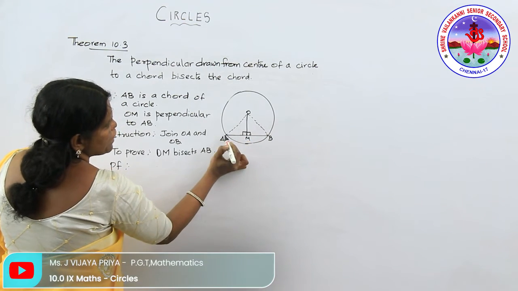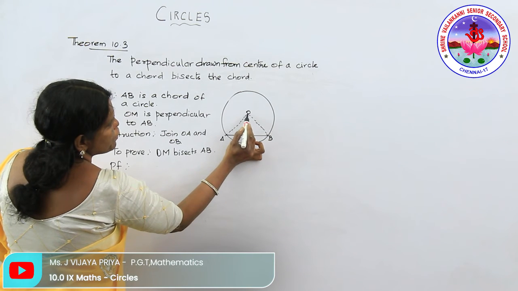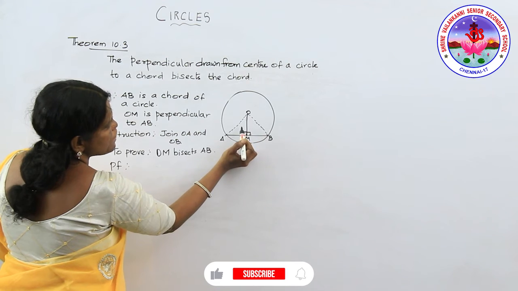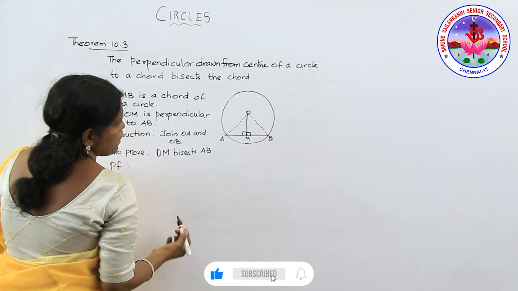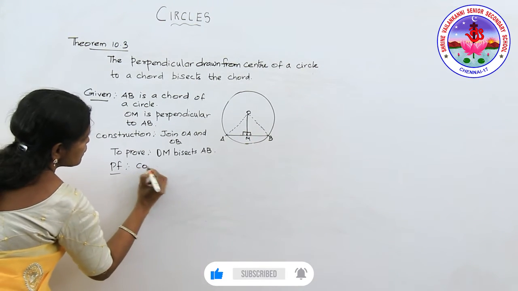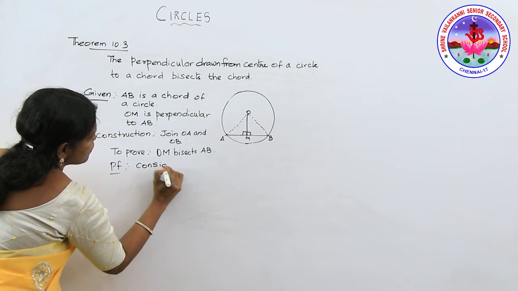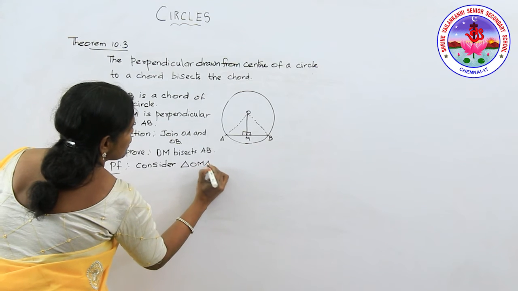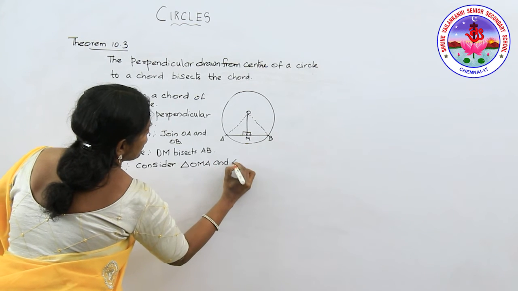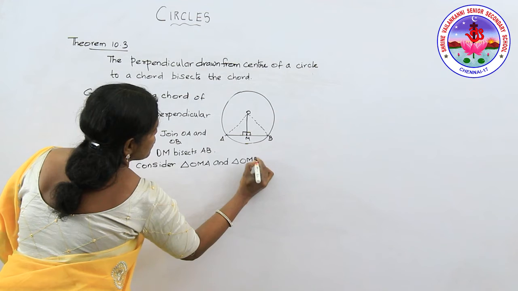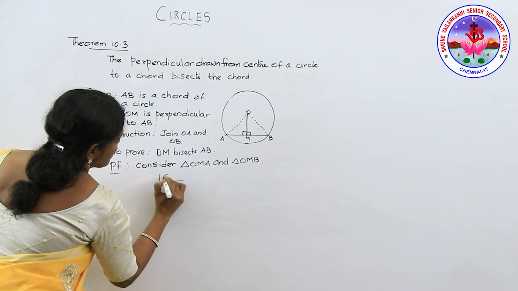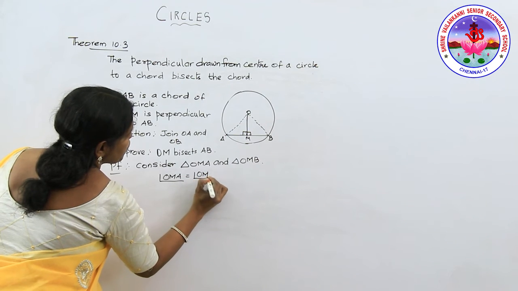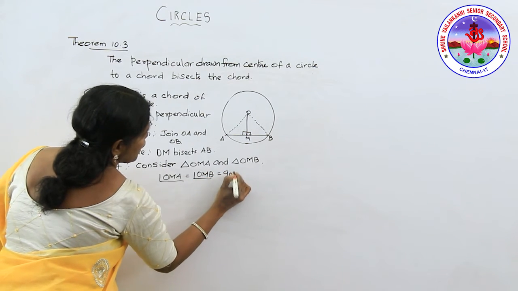So angle OMA is a right angle, and I am going to take angle OMB as a right angle. So I want to prove the congruence of these two right triangles. So let us consider triangle OMA and triangle OMB. So we know that angle OMA is equal to angle OMB, which is equal to 90 degrees.